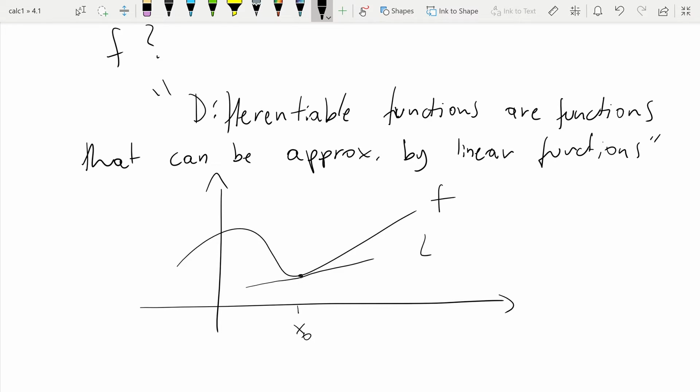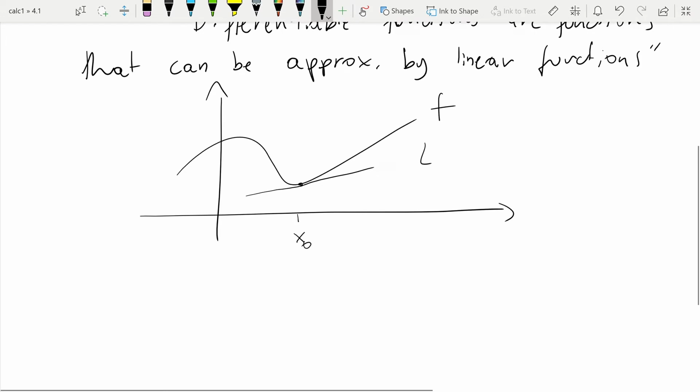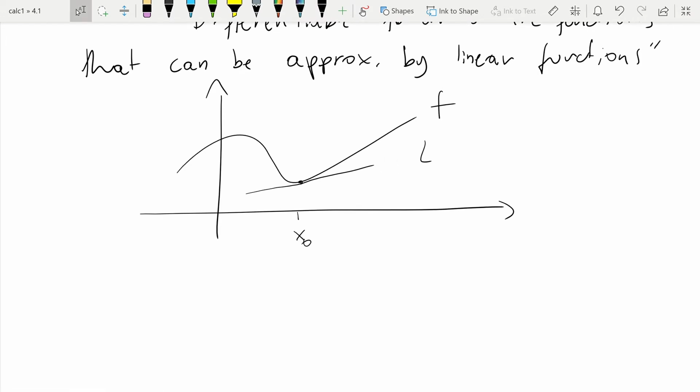And that's basically what it means for f to be differentiable. If the limit of the slopes of secant lines approaches a value, it means that you can define the tangent line. The fact that you can define a tangent line means that the function can be approximated by a linear function.